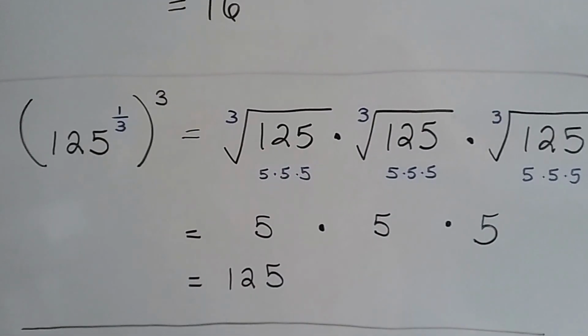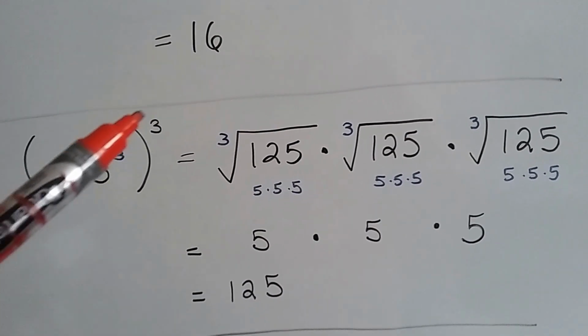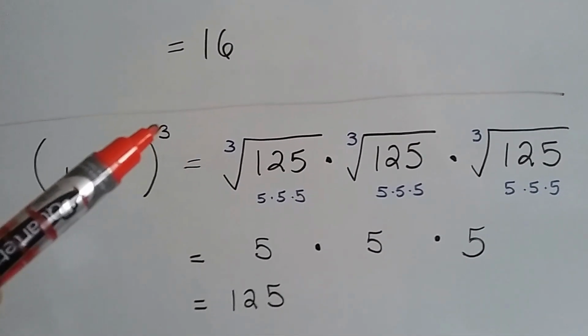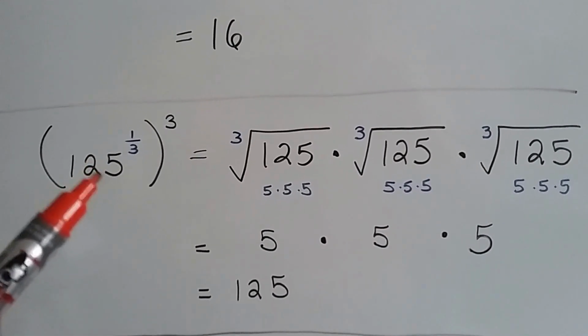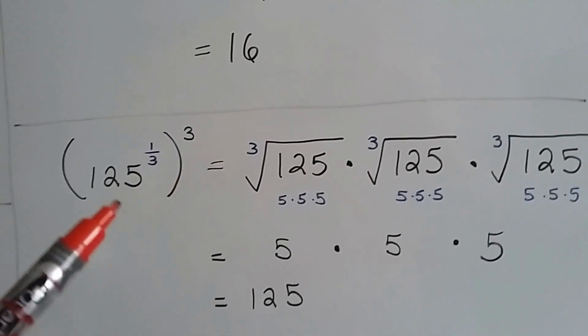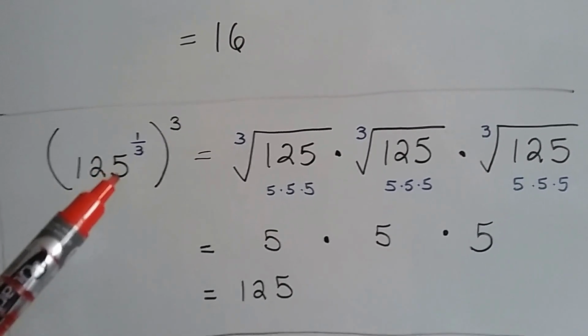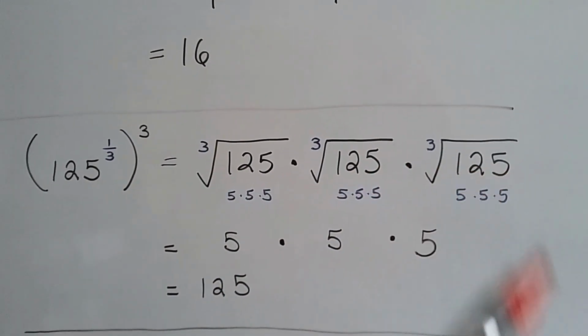Check this one out. Now we've got 125 to a third power, and it's got a 3 exponent on the outside of the parentheses. Well, this means we have the cube root of 125, because the little 3 denominator is going to go there, right? So we have the cube root of 125 multiplied by the cube root of 125 by the cube root of 125.